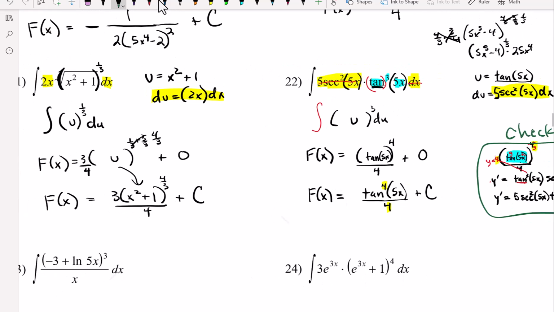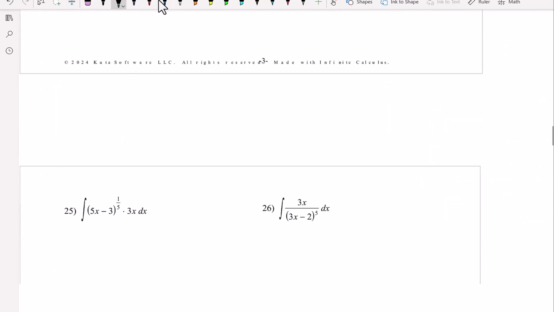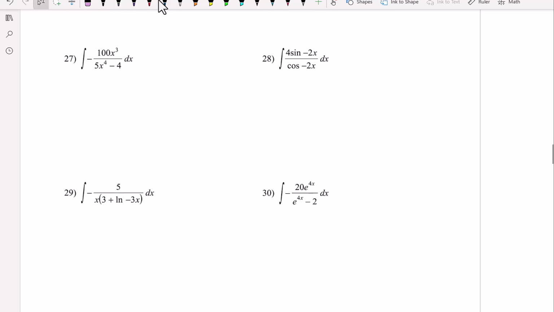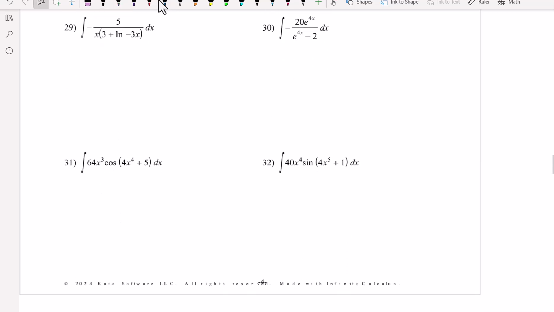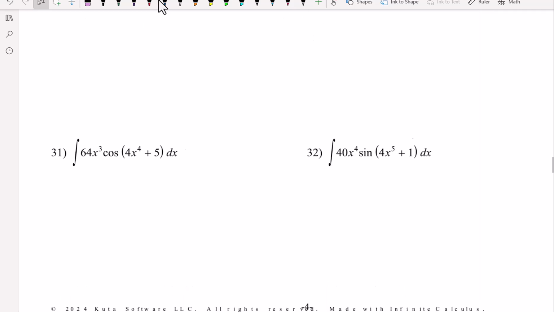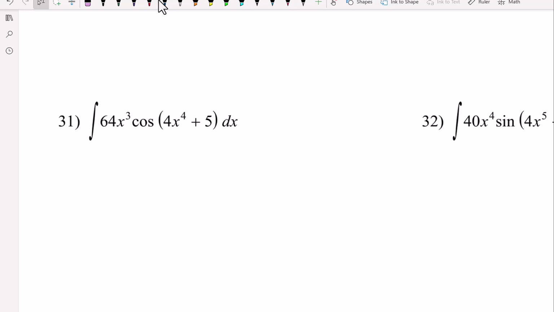Okay, let's see if there's another trig one. Right there. Okay, we'll go up and do those in just a second. All right, so what we have here is cosine theta.